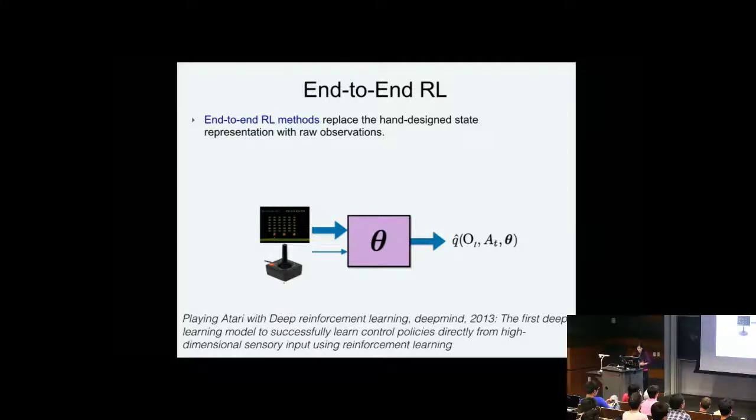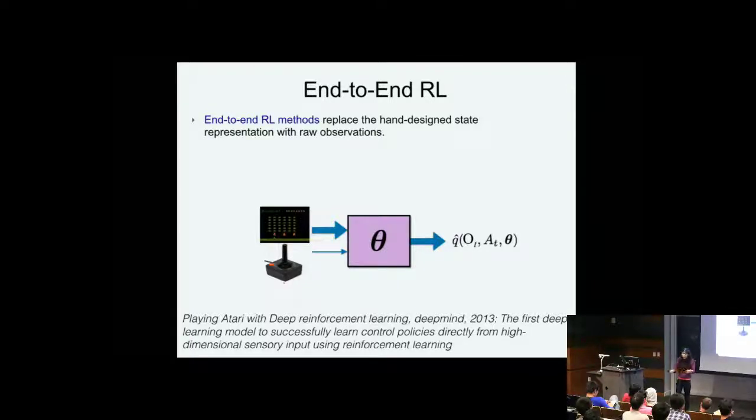Well, let's start with the first example. It was playing Atari games in 2013. That was the first learning model to successfully learn control policies directly from high-dimensional sensory input. Before that, there were neural networks that used coded state, right? First of all, we know TD-Gammon, a long time ago, in fact.